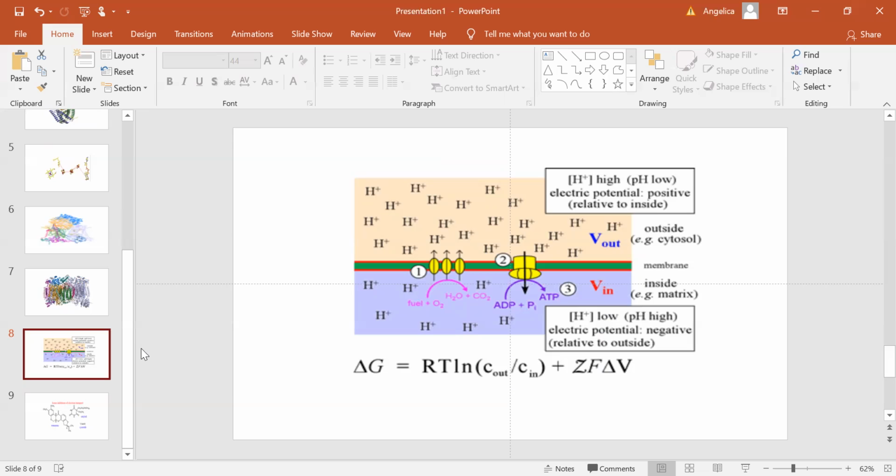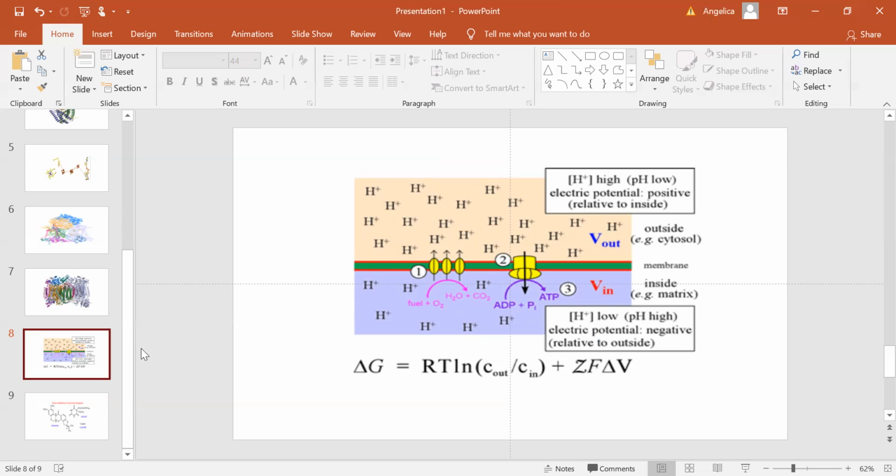Inhibitors of electron transport through complex 1 include rotenone and amytal. Rotenone is a plant-derived substance used by Amazonian tribes to poison fish. It has also been employed as an insecticide.